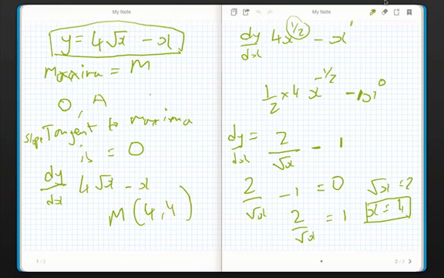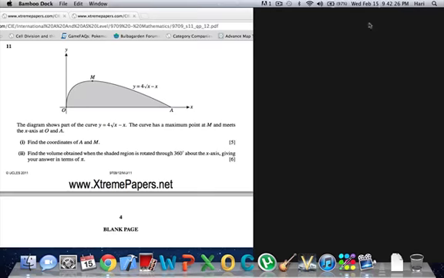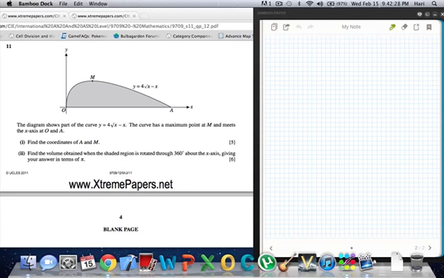Now I'll just clear the page. I hope you've got this. Now we want to find the coordinates of A. How do we find the coordinates of A? Now at A, the x coordinate is 0. Sorry, the y coordinate is 0. So we want to know where 4 root x minus x is equal to 0.